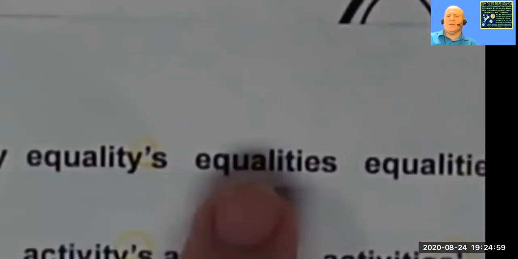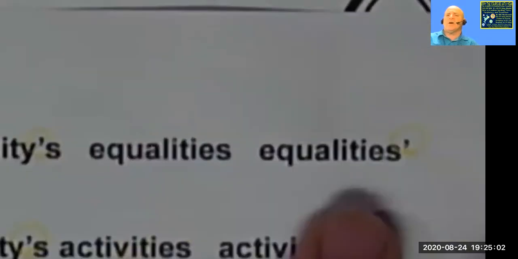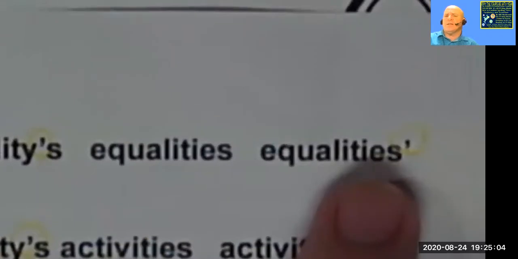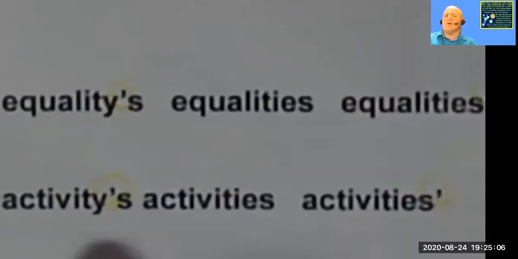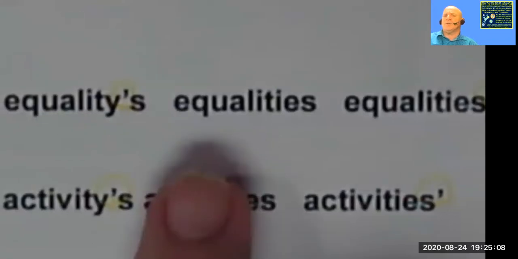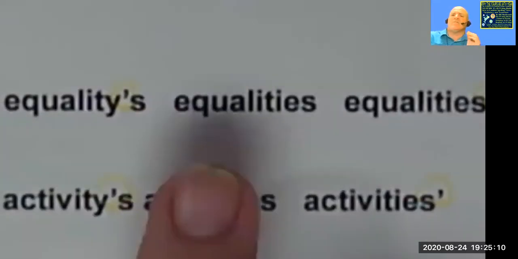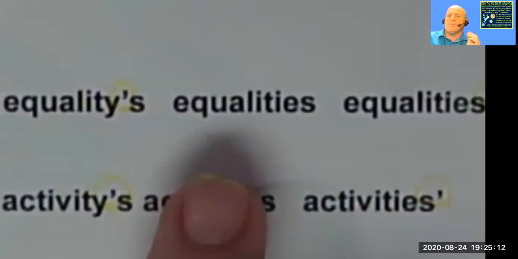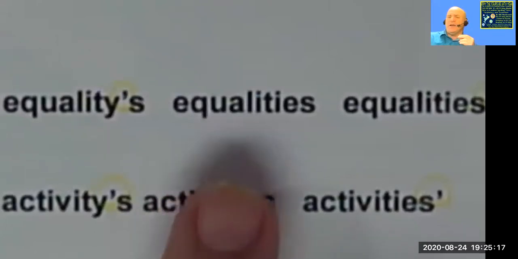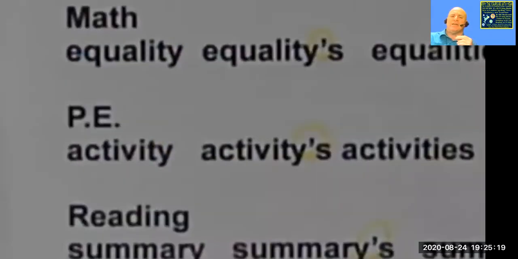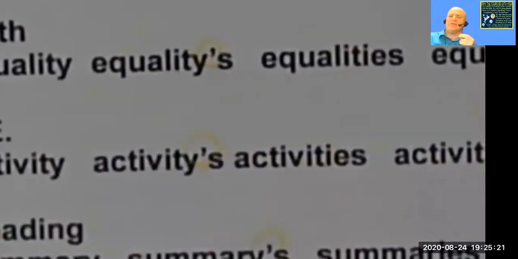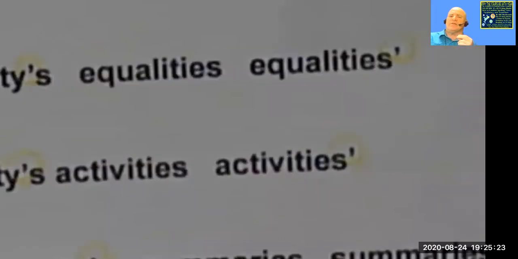Equalities, equality's, and equalities' all sound the same, but they look different. So I'm going to make sure that we know how to distinguish, because of something that we're going to do and say, and even the way that we do it and say it. In PE, we might say activity, activity's, activities, activities'.